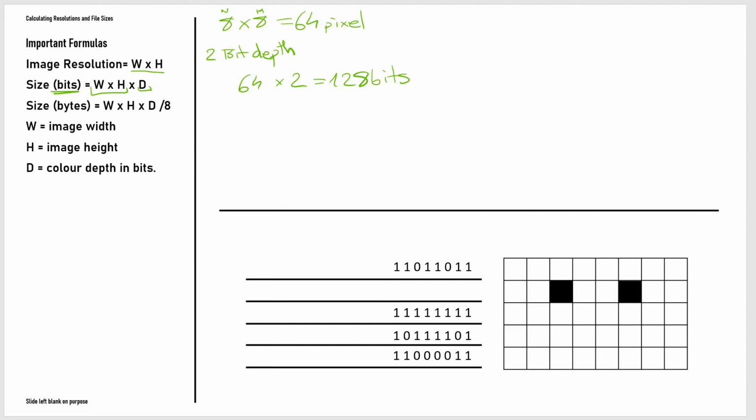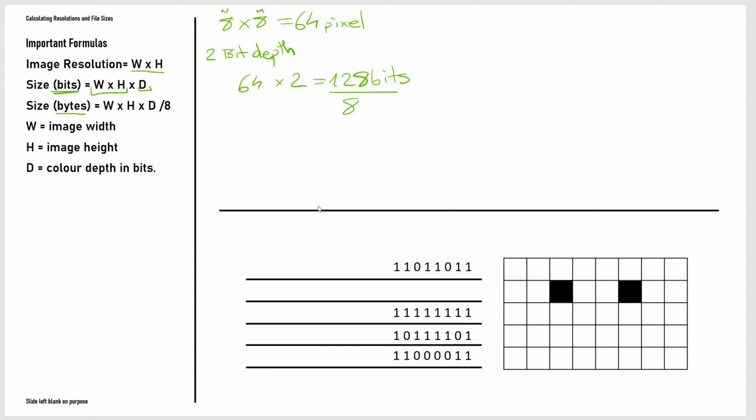These formulas are very important for your exam and you must memorize them. Now, if you would like to find out the size of your file in bytes, then you can simply divide your 128 bits by 8, and that will give you your file size in bytes.